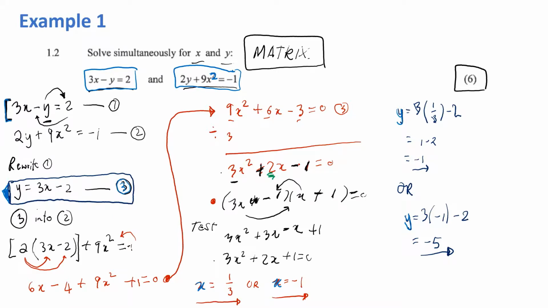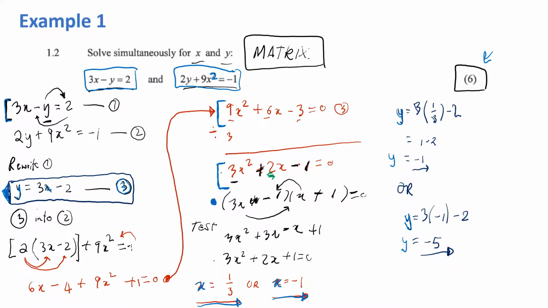I got some kind of equation that looked a lot like all the equations I've seen previously. I simplified it a bit, and then I proceeded to factorize it and got my set of solutions. And then I just used equation 3 relating y to x to obtain my 2 y solutions. And that was that. And that's 6 marks.